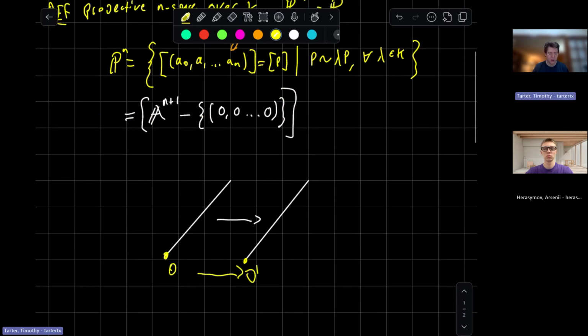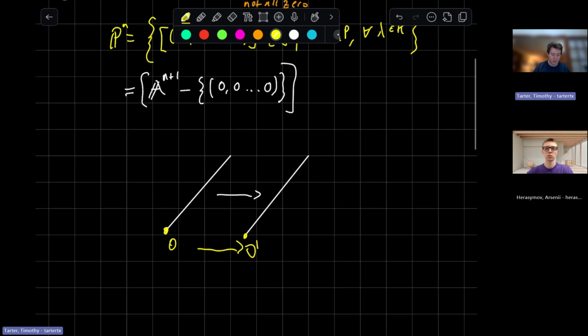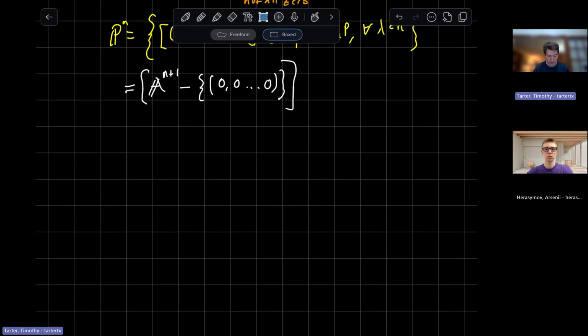Well, here we would say that these are in the same equivalence class in projective space because we have a well-defined 0 point. And so this actually does preserve angles and stuff. Now it doesn't preserve them perfectly. We'll talk more about that.